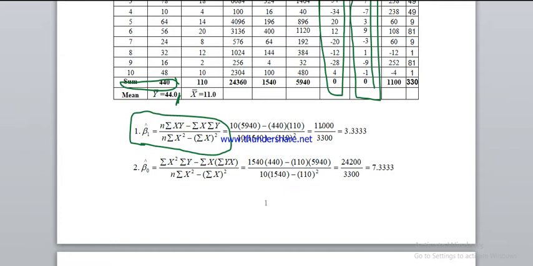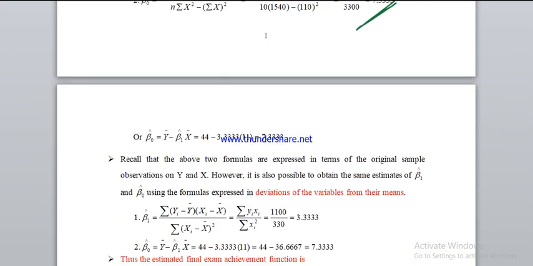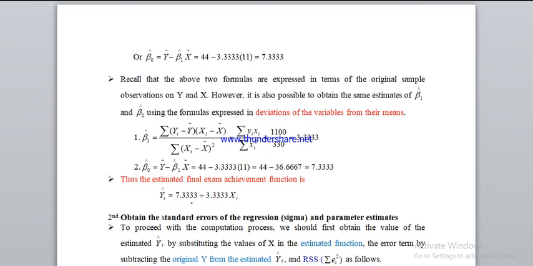Then we can get beta 1 hat, the sample parameter, and we can also get the intercept parameter. Once we get these values, we can formulate the estimated equation.